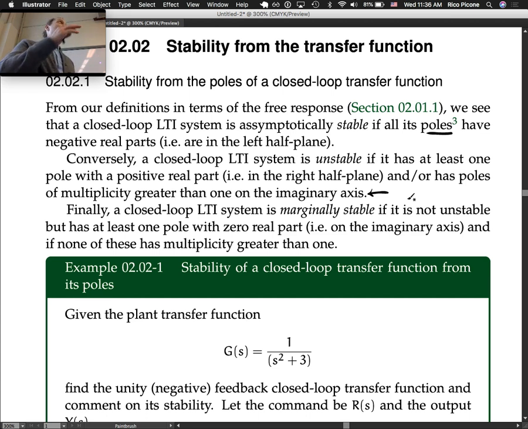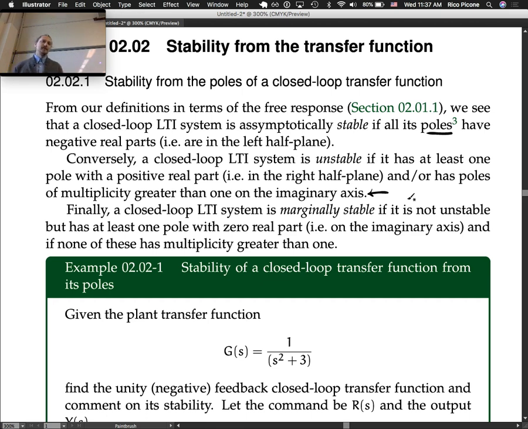So if that lambda has a negative real part, then the exponential dominates the polynomial, and you still get a decay to 0. But if that exponential is purely imaginary and doesn't decay to 0, then you're going to have the linear growth of a sinusoid, which is bad news.